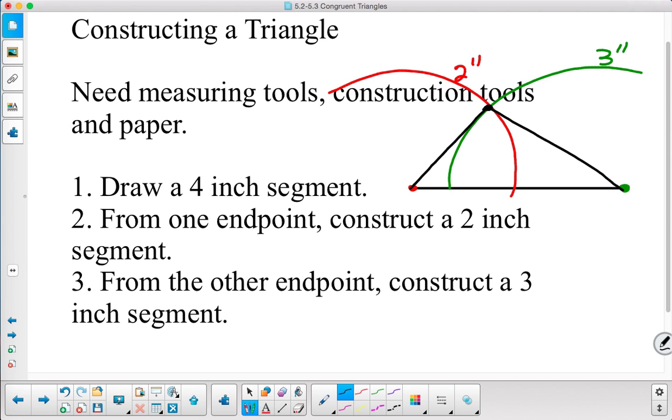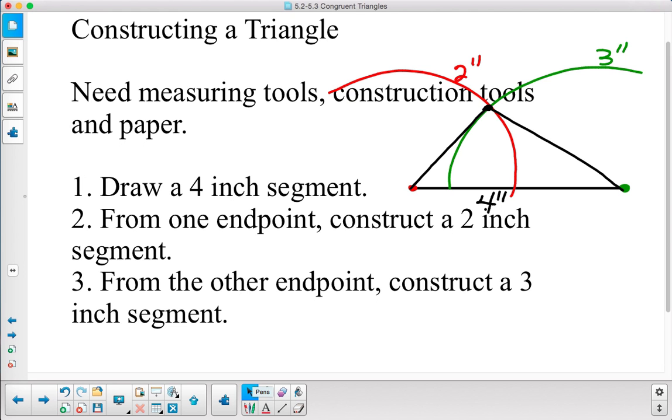Now, we've tried constructions, and some days it doesn't work real well for us. But think about what could be different. If we all used a 4-inch side, a 2-inch side, and a 3-inch side, those triangles, there's no way for them to be different because if you change something, one of those side lengths would change.